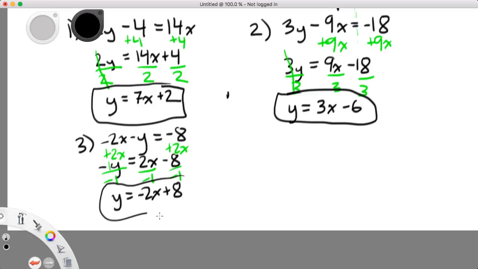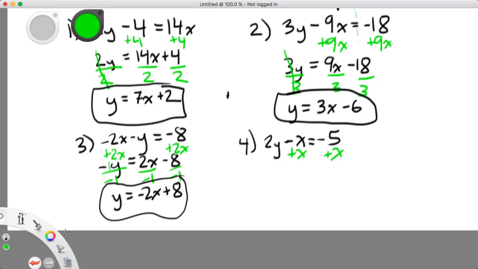All right. So number 3, let me go ahead and box this in. Number 3 is negative 2x minus y equals negative 8. Let's go ahead and add 2x to both sides.